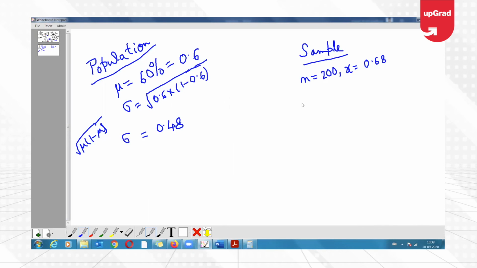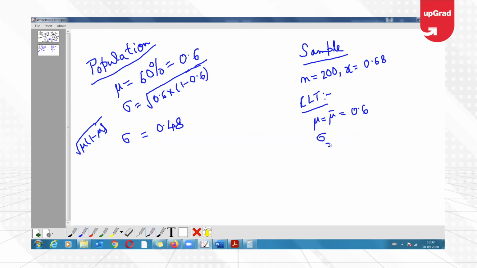Now, according to CLT, the Central Limit Theorem, mu equals mu bar equals 0.6, and sigma x bar is equal to sigma by square root of 200.